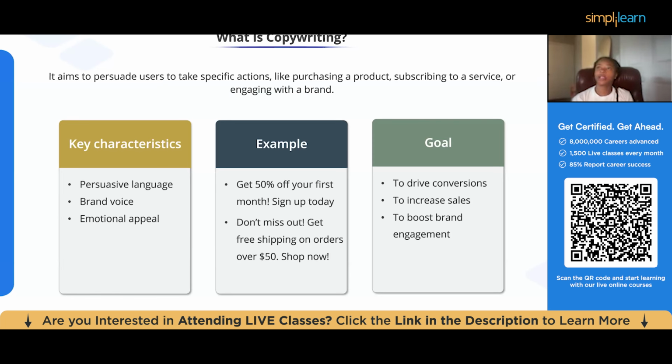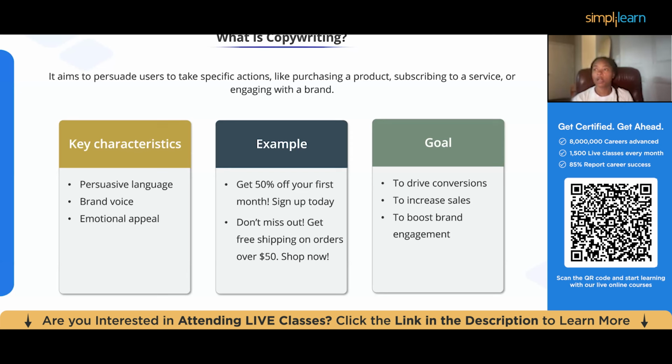So, what is copywriting? It aims to persuade users to take specific actions like purchasing a product or subscribing to a service or engaging with a brand. Some key characteristics of copywriting are persuasive language, brand voice, emotional appeal.